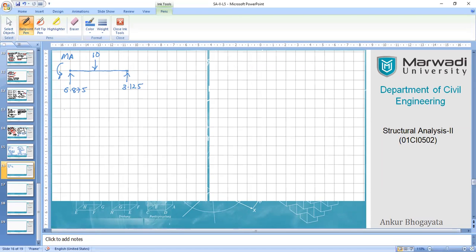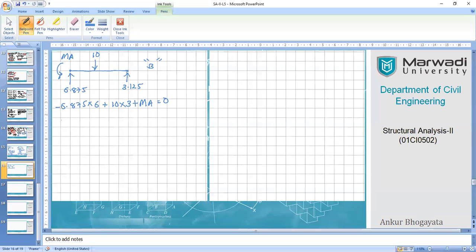So 6.875 into total span 6 meters about point B, right? About point B I am taking moment. Okay. So it is clockwise, so negative. Then 10 into 3, so that is anti-clockwise, right? And I have a positive moment, that is MA should be 0.